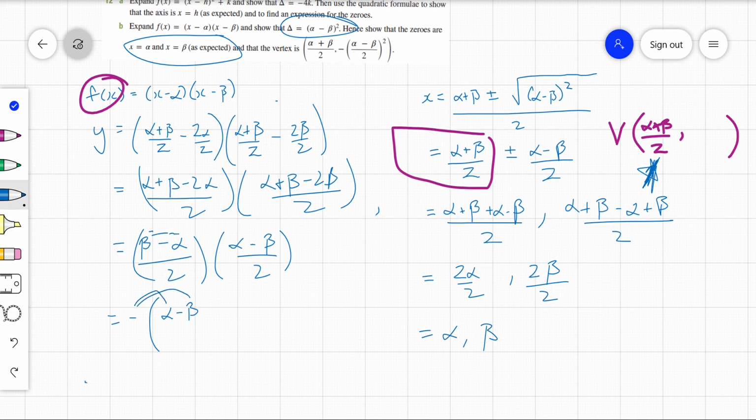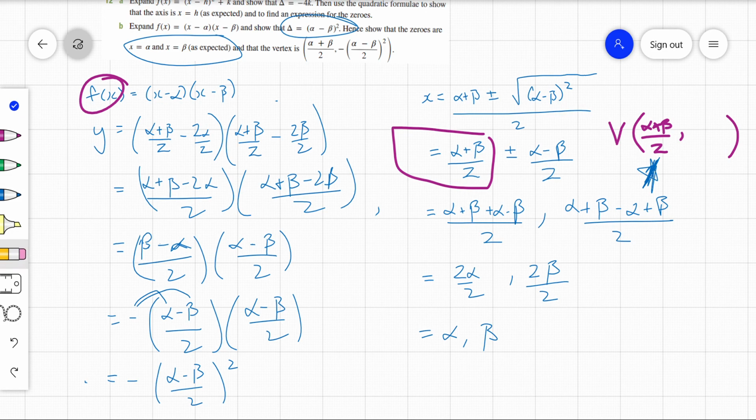That's supposed to be beta minus alpha. There we go. So now it looks the same as the other bracket. So I've factorized by a negative, so it's just negative of that, or that squared. So alpha minus beta on 2 is the same, so squared. So that's the y value.